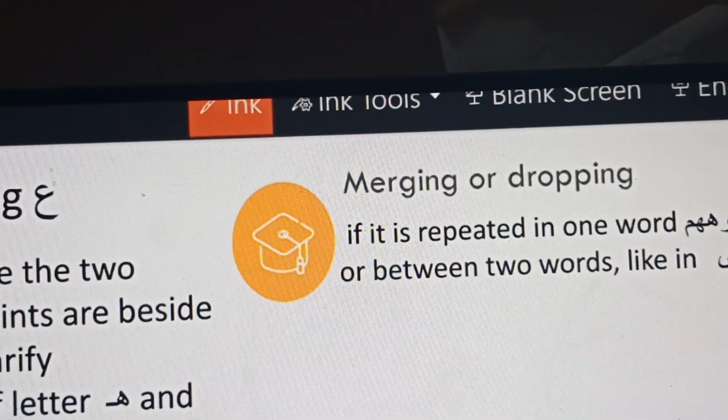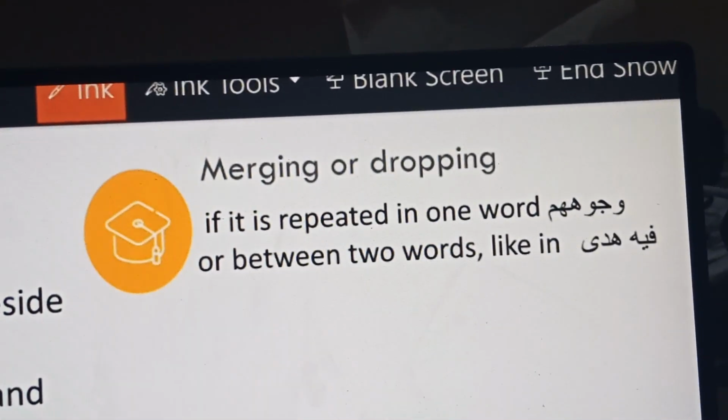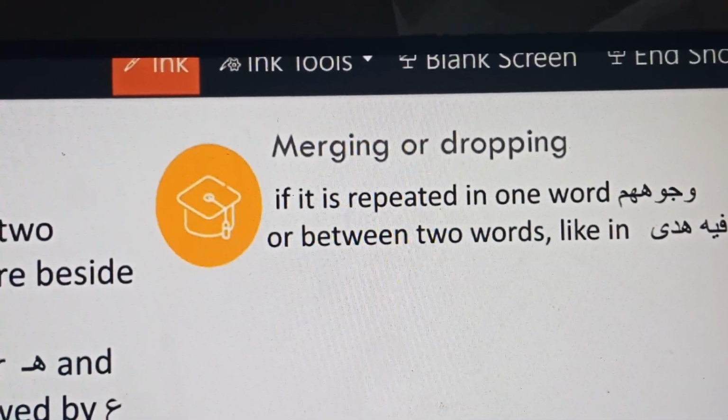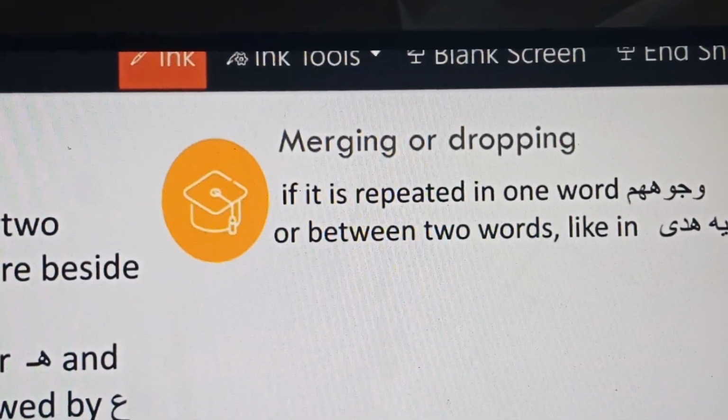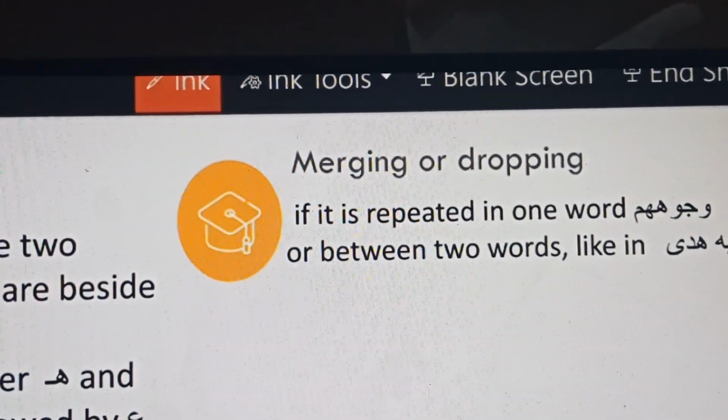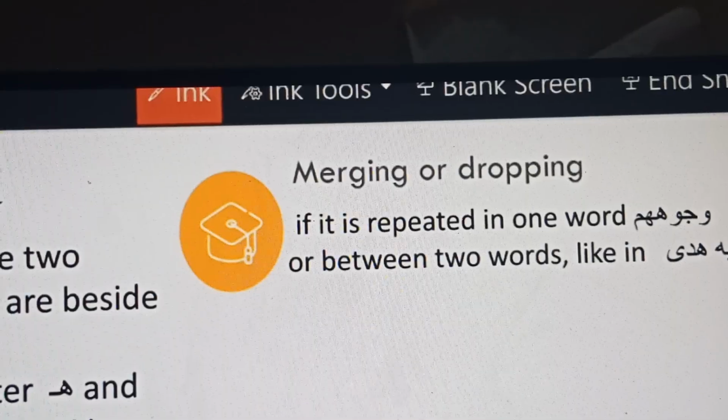We have to say this word wujuhuhum. And the mistake that may happen here is saying wujuhum, wujuhum.